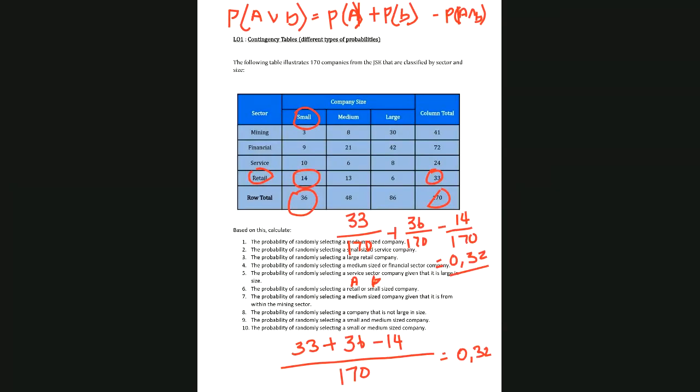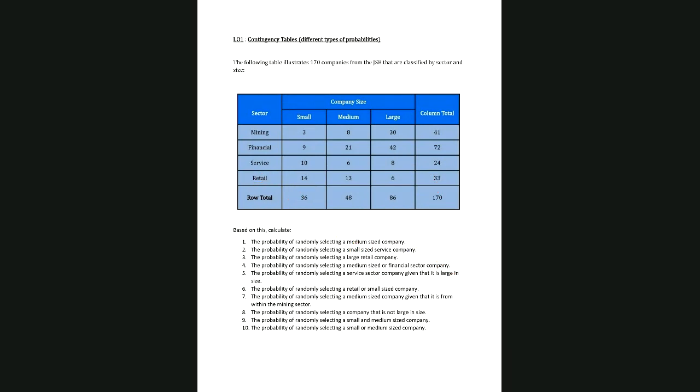Then number 7 says, the probability of randomly selecting a medium-sized company given that it is from within the mining sector. Once again, the word given has been included in this question, which means that our denominator is no longer n, your sample size. Your denominator will now be the given portion.